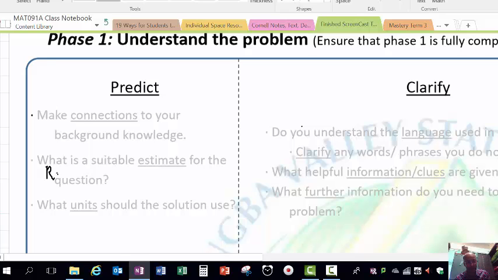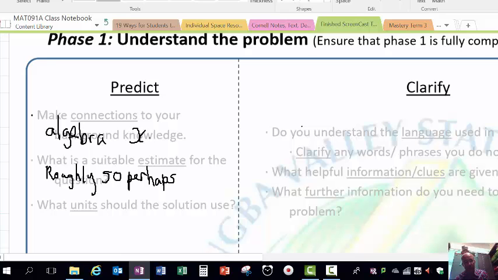So, you could say roughly 50, perhaps, as a rough ballpark estimate. Make connections to your background knowledge. So, well, we can use algebra.